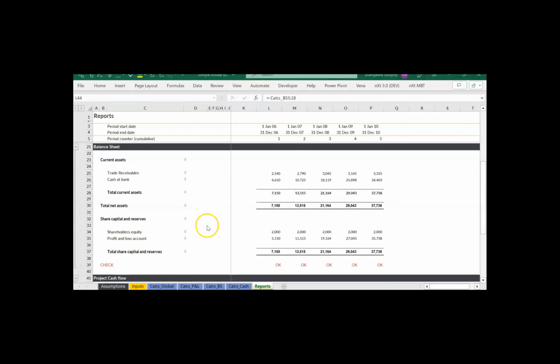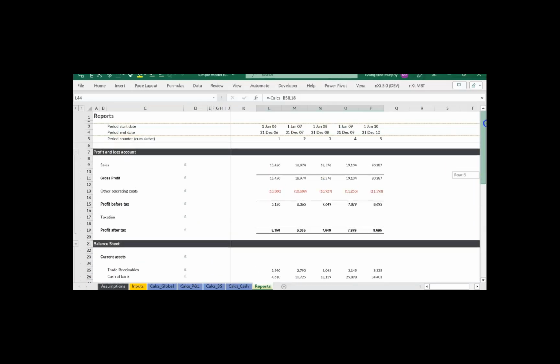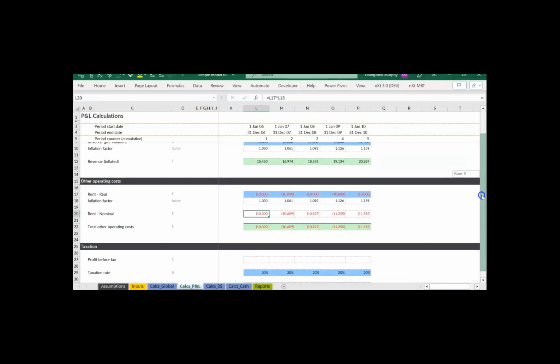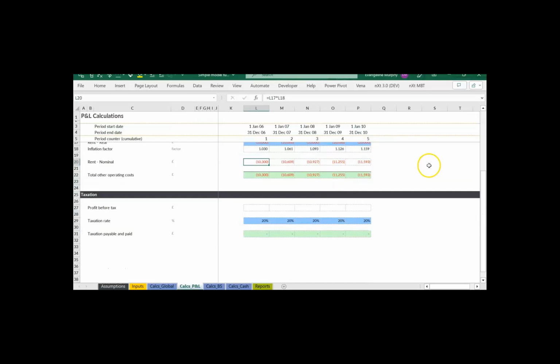The last thing we need to do in this example is to add tax. We have an input for our tax rate at 20%. All we need to do is pull through our profit before tax figure.